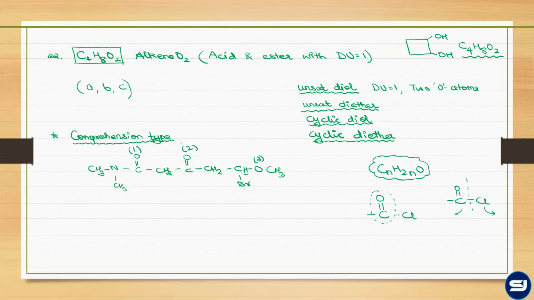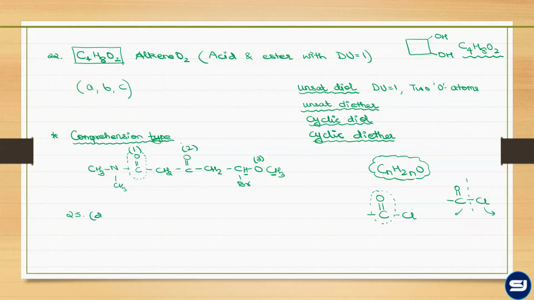Here the H and the CH3 are missing; it should be CH3, not 3. In all three questions, we are asked of what functional group oxygen 1, 2, 3 is a part. Oxygen 1 is a part of a 3-degree amide, because this carbonyl is bonded to the nitrogen atom. So it's not a ketonic group, it's an amide, specifically a 3-degree amide group.